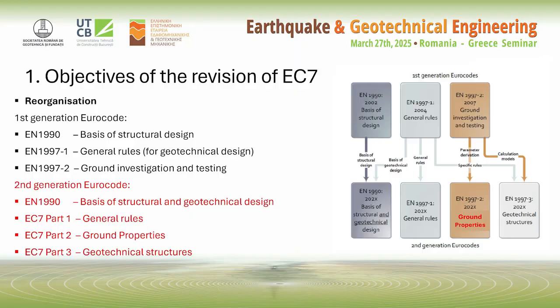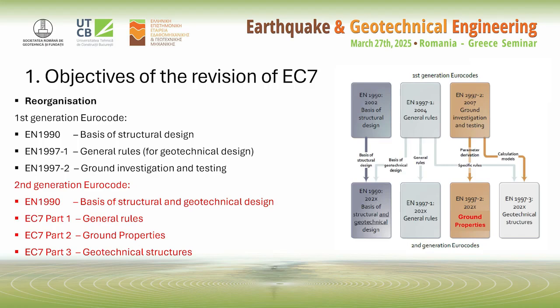Also to achieve as much harmonization as possible. And for those of you who are dealing with the present first generation of Eurocode 7, you know already that we have many design approaches and many alternatives following the different practices across Europe. And also to have some new developments, and I will present you some details in a few slides.